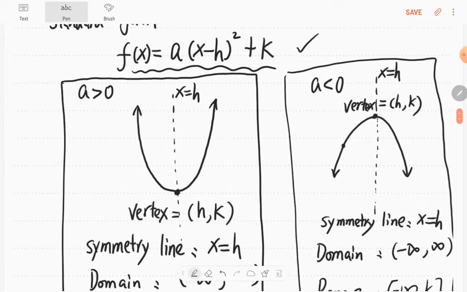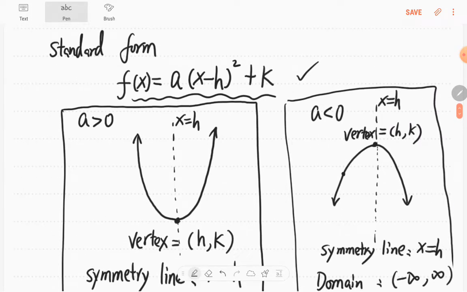So you needed to know these two graphs. The graph opens up or opens down, depending on the choice of a. If a is positive, it opens up. If a is negative, it opens down.